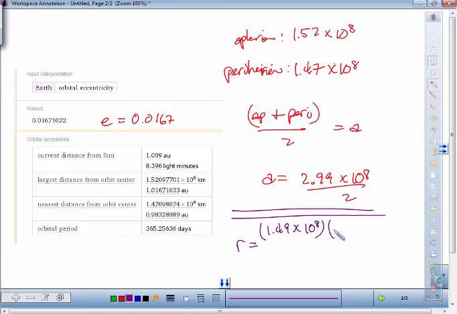So that's your A, and then 1 minus 0.0167 divided by, and then they're just assuming that this is going to open on the right side, right? It's almost circular, but times cosine theta.